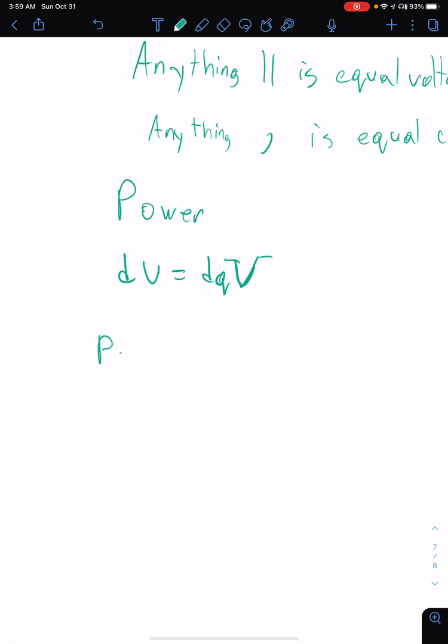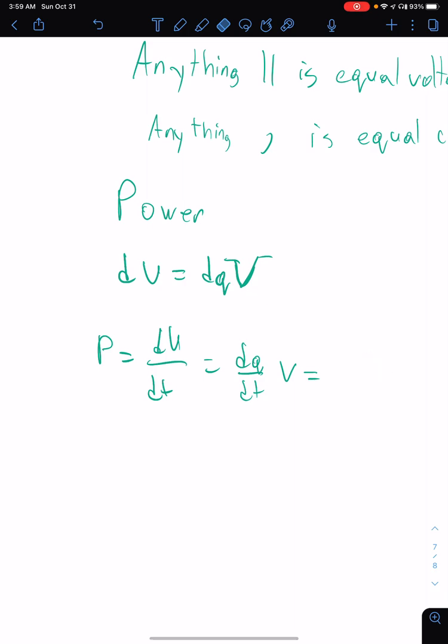So P is equal to dU over dt, which is equal to dQ over dt times V, which is ultimately equal to I times V.